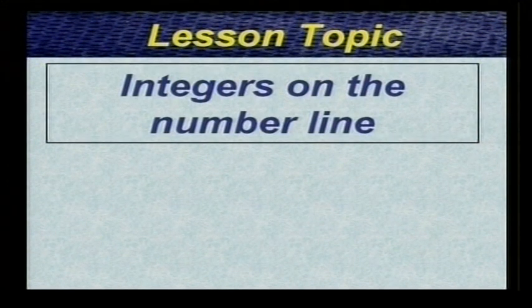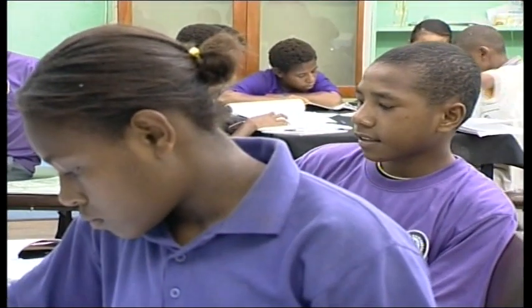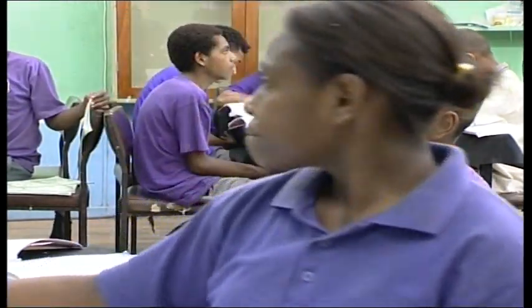I'm sure you can still remember the definition of integers. What are integers? It can be one word, it can be a sentence. Quickly, 7Es. Begley? Whole numbers or directed numbers. Very good. Any other answers?